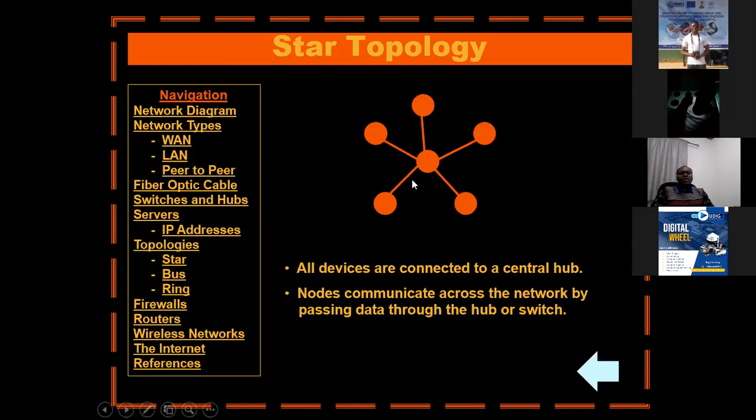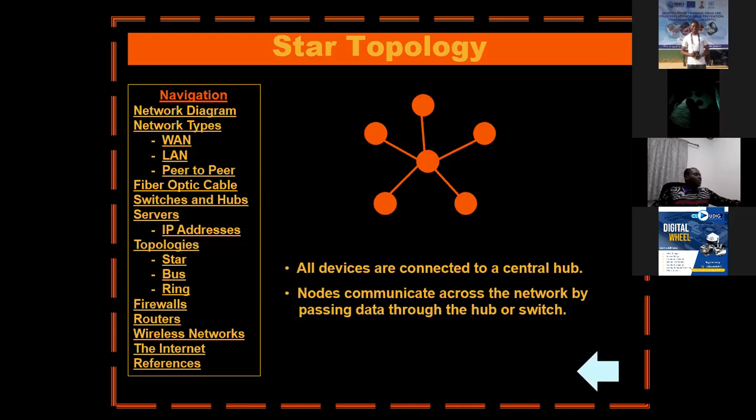When a network is in this shape, it is called a star. That is, all devices are connected to a central hub, and then nodes communicate across the network by passing data through the hub or switch. For instance, I have a laptop A, laptop B, and I also have another laptop C. All these laptops are connected to a particular switch.